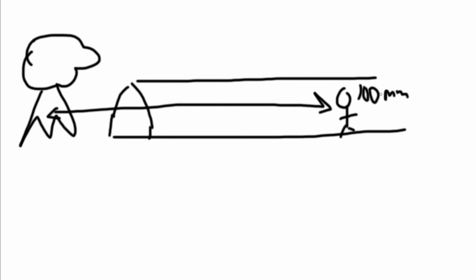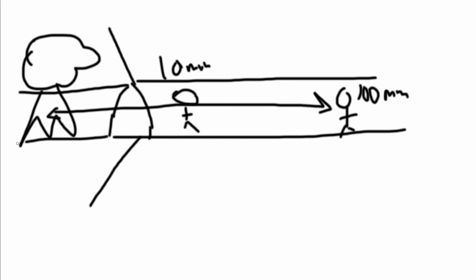Well, we could even say 100 meters, but proportional with a lens. Compared to right here, which might be 10 millimeters away, or 10 meters away, we could say. So right here, close, what you're going to end up seeing is a wider perspective of items. Further down the tunnel, you're going to see a more narrow perspective.